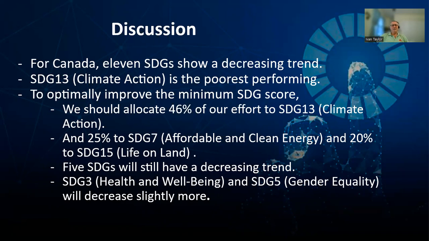And in this case, we would find that 5 of our SDGs still have a decreasing trend. However, SDG 3 and SDG 5 will decrease slightly more than previously. So there are trade-offs that will occur when we try to increase this minimum score.